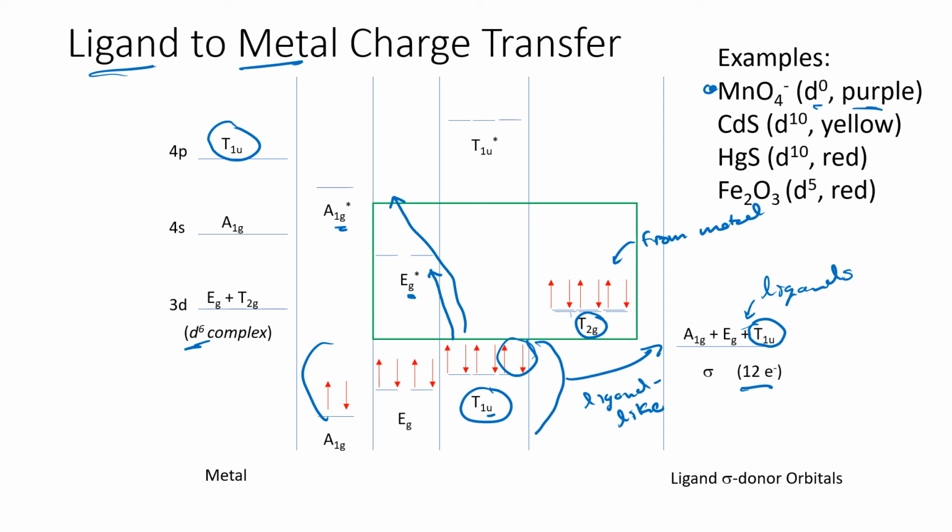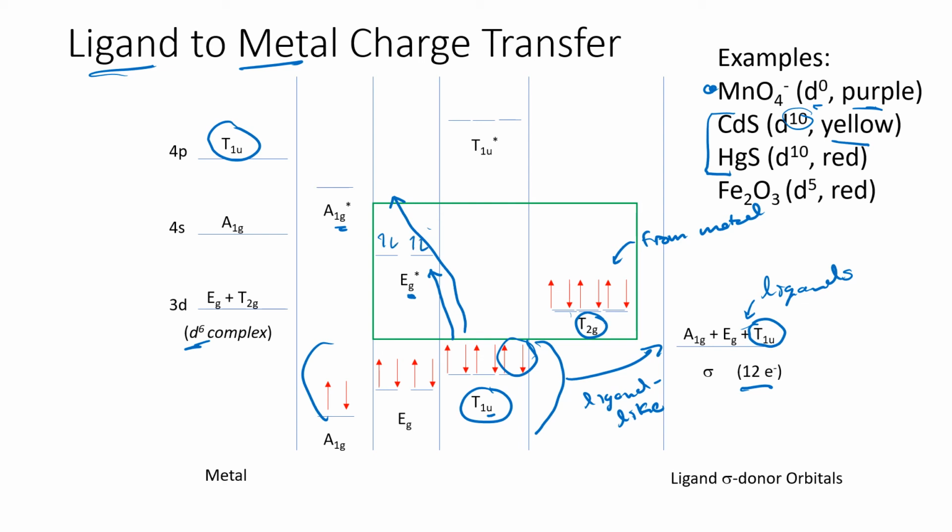That would be the case for permanganate. The next two examples here, cadmium sulfide and mercury sulfide, are both very brightly colored complexes. Both of these have been used as paints and dyes for a long time. Cadmium yellow is still widely used in paint. And that's a transition now, it's a D10 complex, right? So that would mean that the T2G orbitals and also the EG orbitals are all full in this example, right?